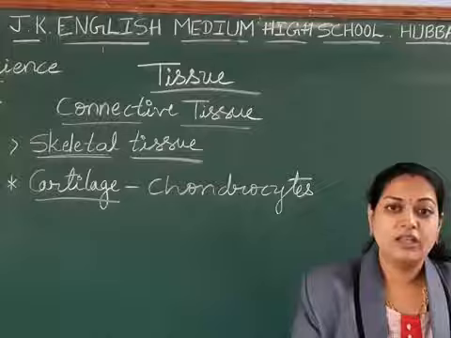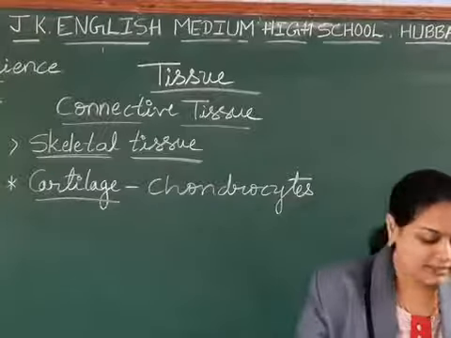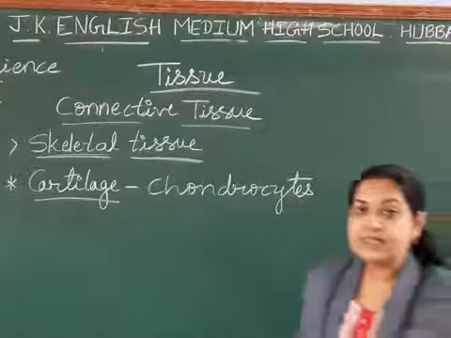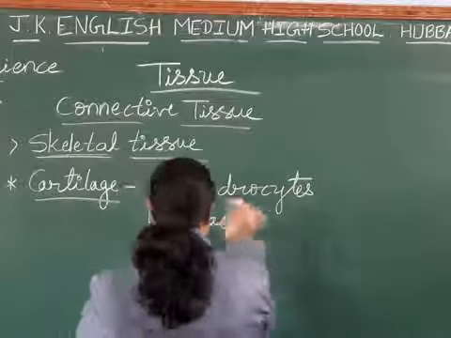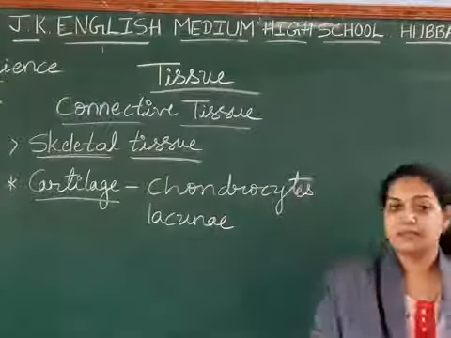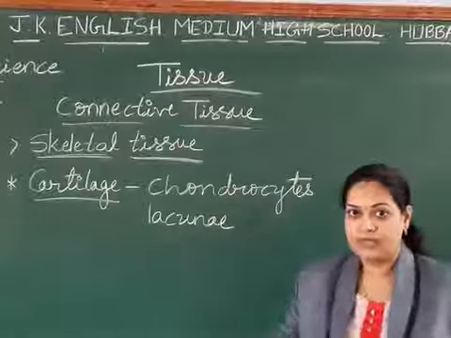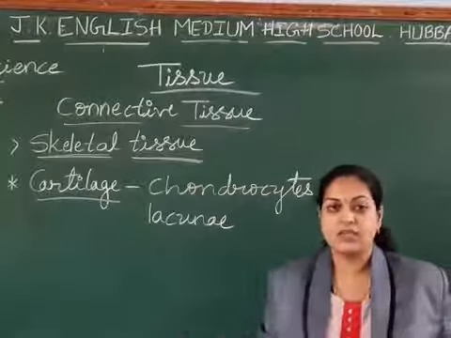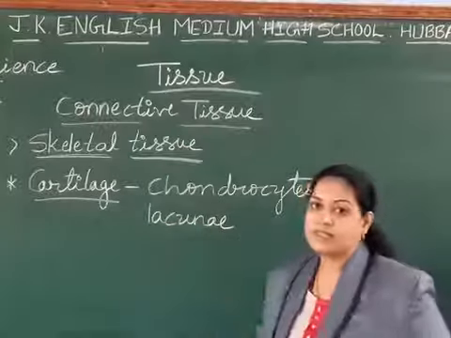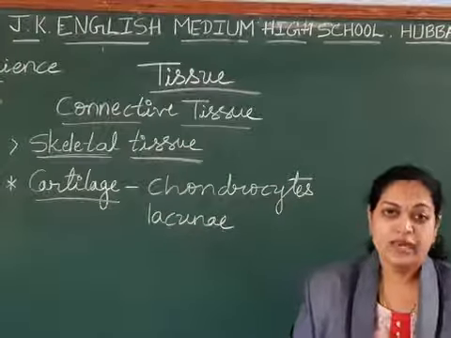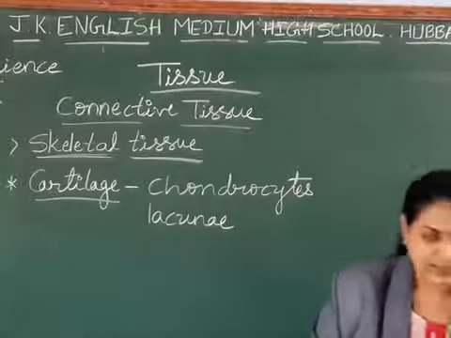In between the chondrocytes, there is a space. That space is known as lacunae. What is lacunae? The space between the cells. The cells are arranged in the matrix, there is a space, and the space is called the lacunae. Like that we find the cartilage.